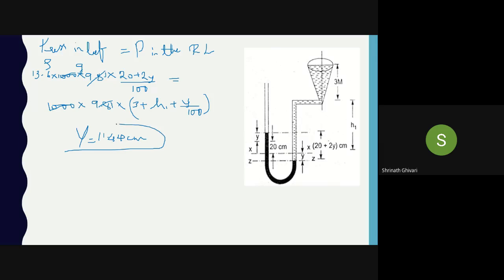Okay. Now, can you calculate the difference in level of mercury? That is H2. H2 is what? 20 plus 2Y. 20 plus 2 into 11.44.